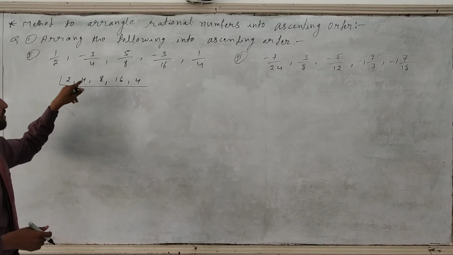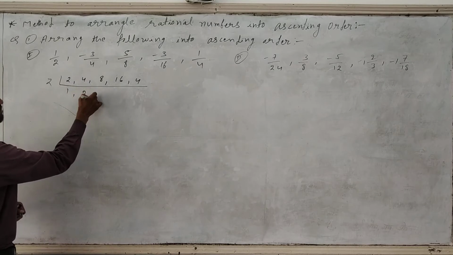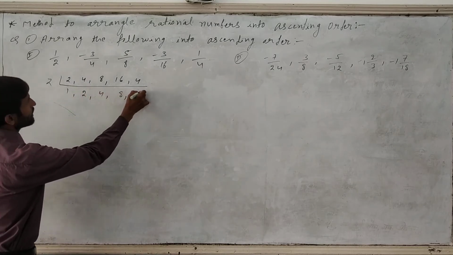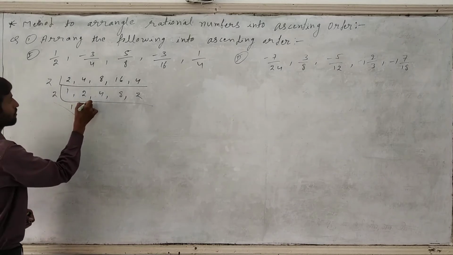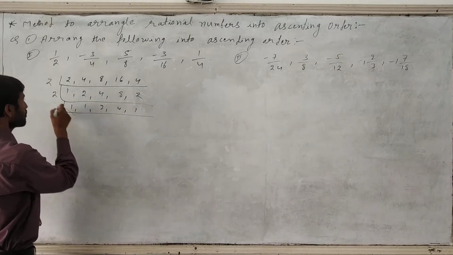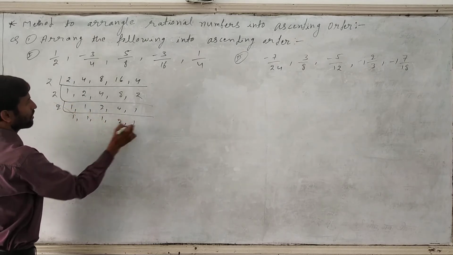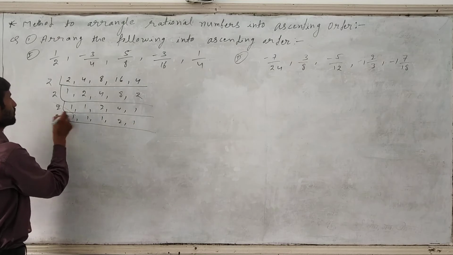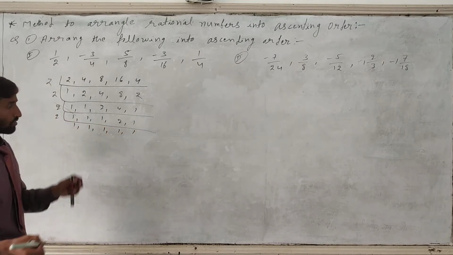So 1, 2, 4, 8, 2 will come. Again divide by 2: 1, 1, 2, 4, 1. Again divide by 2: 1, 1, 1, 2, 1. Again divide by 2: 1, 1, 1, 1, 1.